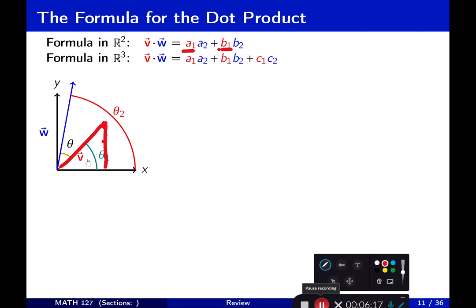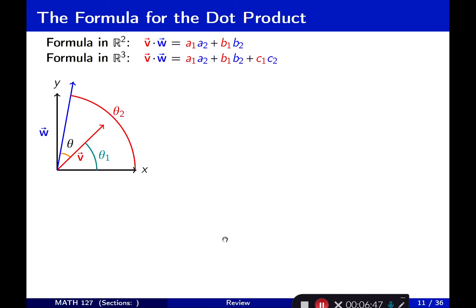A1 is the magnitude of V times cosine of theta 1, and b1 is the magnitude of V times sine theta 1.